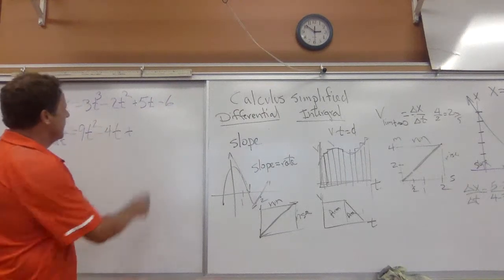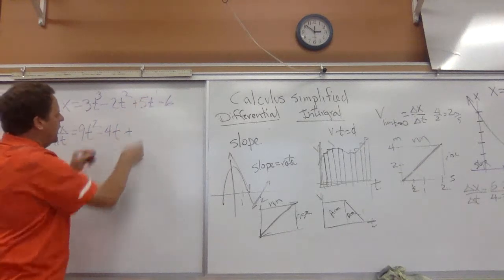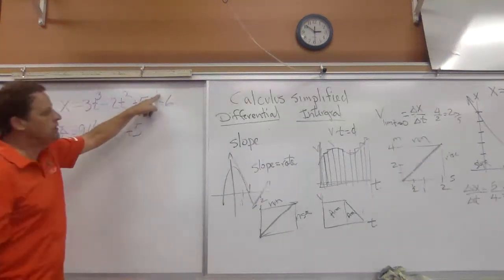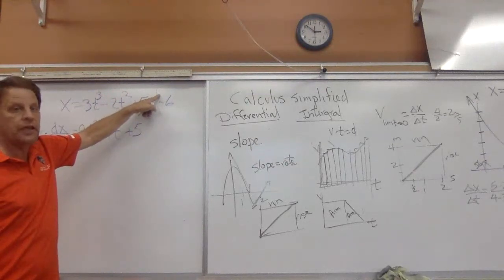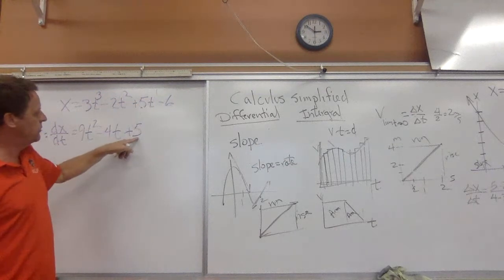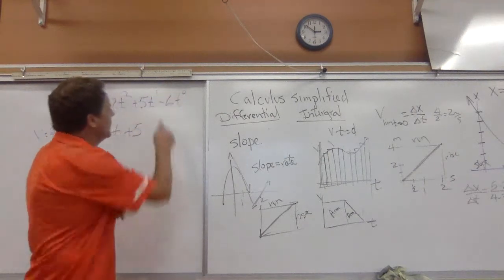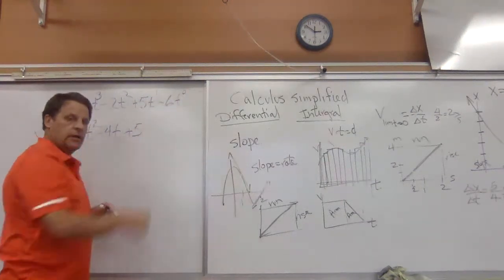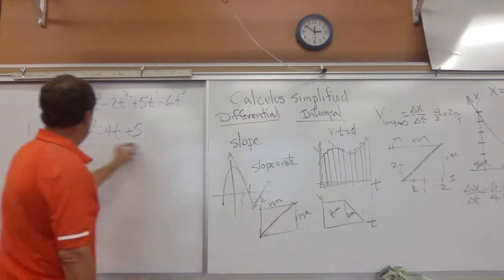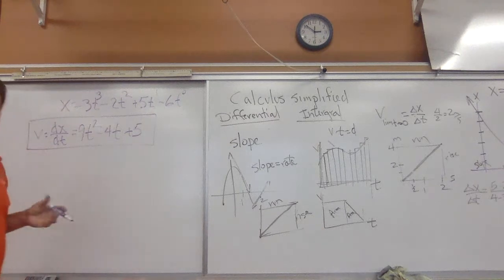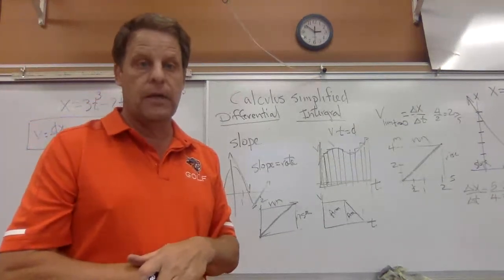Plus, t to the first is t. 1 times 5 is 5 times t to the 1 minus 1, which is 0. Anything to the 0 is 1, so 1 times 5 is just 5. This is t to the 0. 0 times 6 is just 0, so that part doesn't matter. So this becomes our equation. That becomes our equation for velocity.